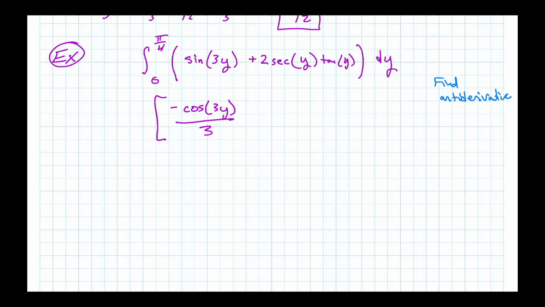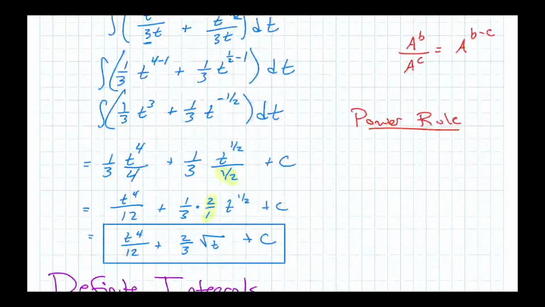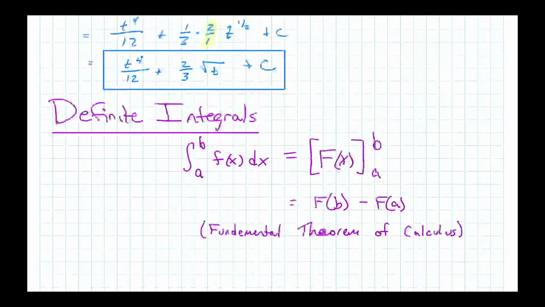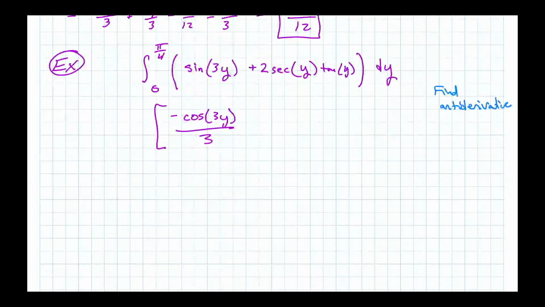Same sort of thing here. We've got secant y tangent y. We come up here, we recognize that: secant tangent, same thing inside, kx, kx. That matches this one, so the result is going to be 1 over k, secant kx. Our k is 1 because we actually don't have a coefficient here, but that's fine.